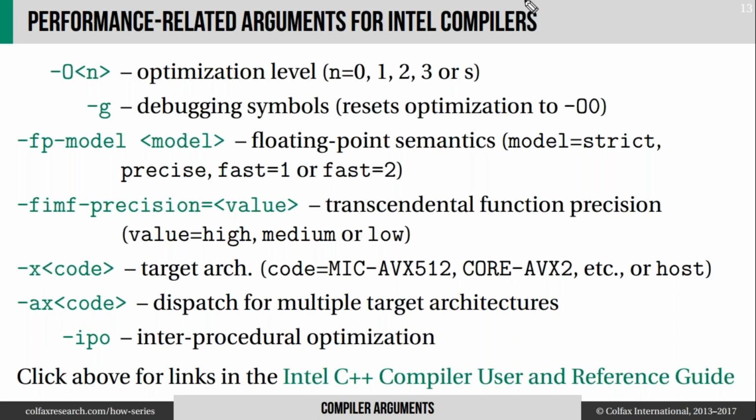By the way, all of the arguments that I'm showing here in green are clickable links, and if you wish, you can click, and it will take you to the Intel C++ compiler user and reference guide. Fortran compilers have very much the same arguments.